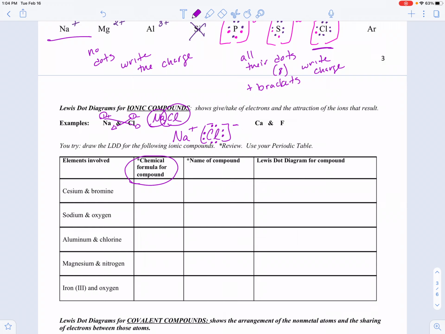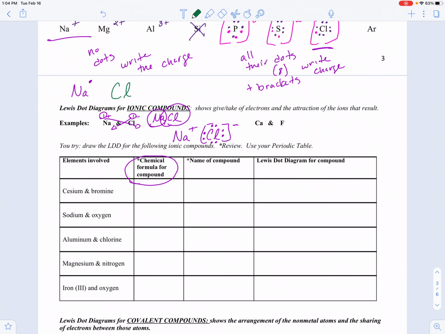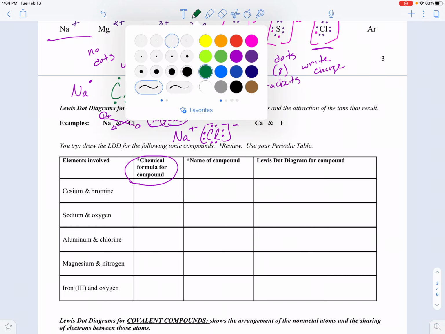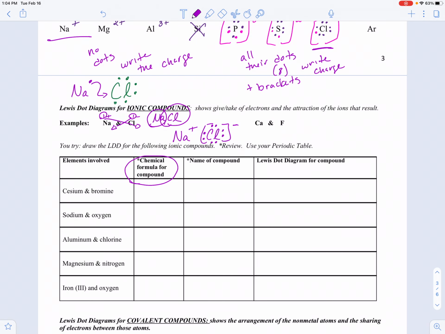If you're really imaginative about what's happening here, remember sodium had a dot. I'll draw the chlorine in a different color. Chlorine had 7 dots. And what ended up happening is that sodium gave its dot, its valence electron, to chlorine.